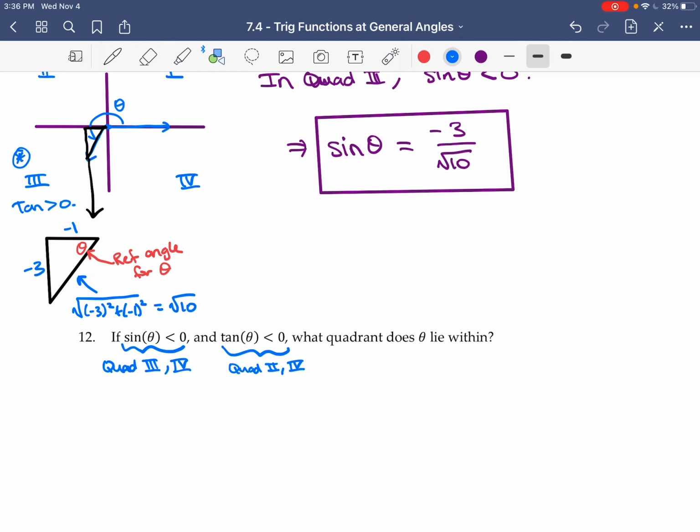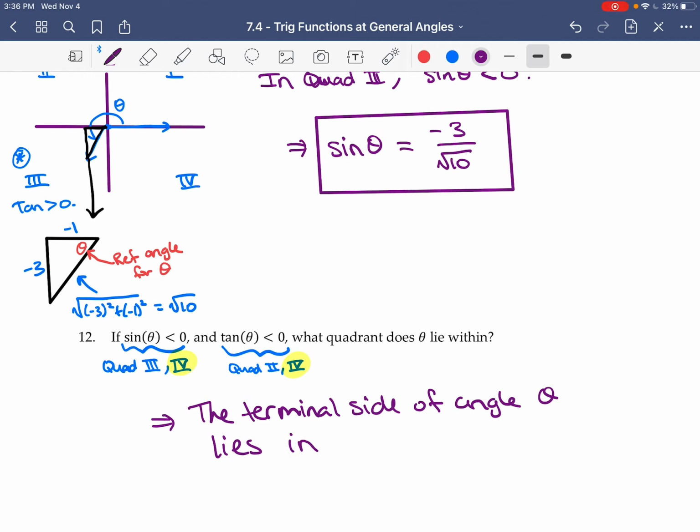So where they overlap, I see 4. That means we have to be in quadrant 4. So the terminal side of angle theta must lie in quadrant 4.